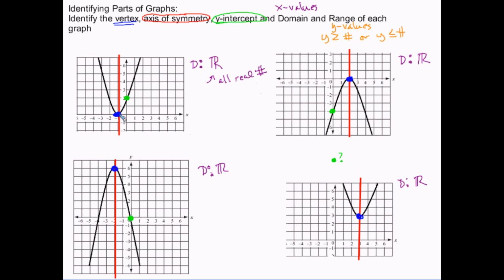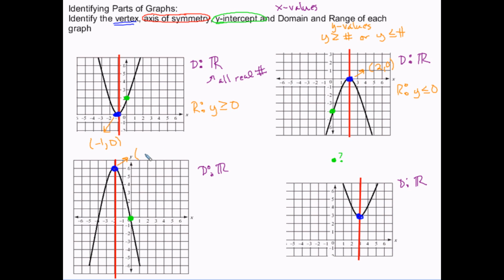In this instance, our vertex hits at the point negative 1, 0, with 0 being our y value, and we open upward, so our range is y is greater than or equal to 0. Here our vertex hits at 2, 0. We open downward, so our range on this one will be y is less than or equal to 0.